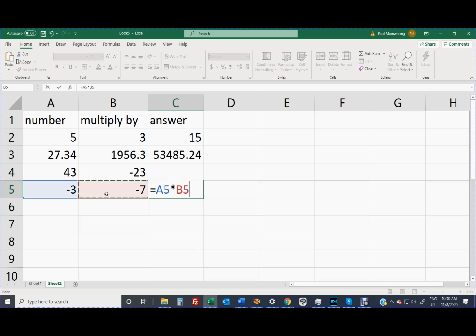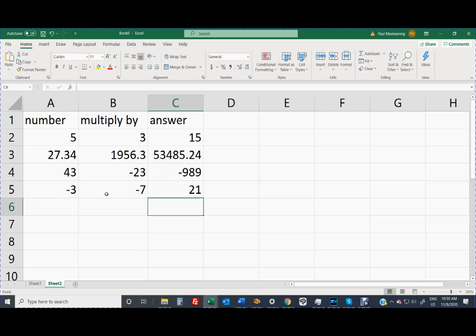So we'll multiply minus 3 by minus 7. It should come out as a plus. 7 3s are 21. And it does. So it follows the rules of maths. Two minuses multiplied together become plus. A minus multiplied by a plus comes out as a minus. So everything is correct. Let us look at division, shall we?